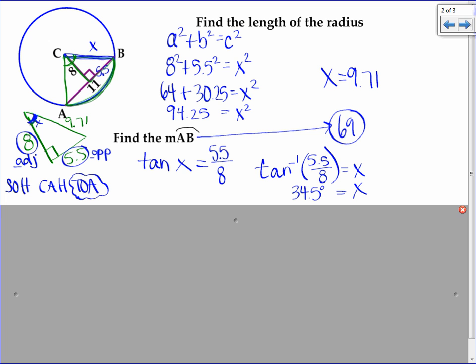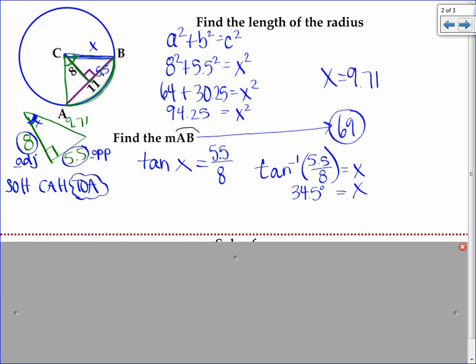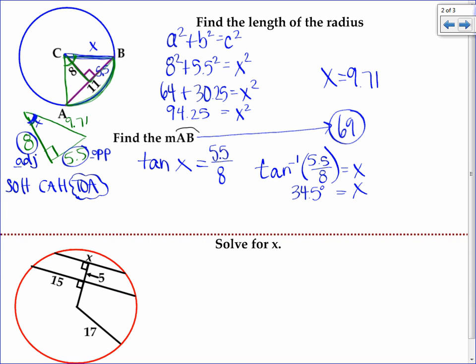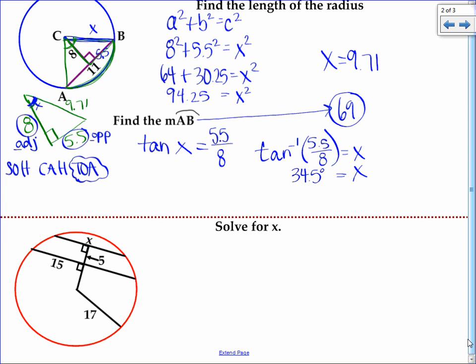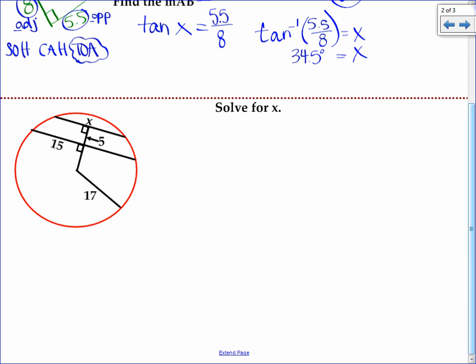Okay, let's look at this one. We want to find that chord. That's where our X is. They told us the radius is 17. Now, the nice thing about a circle is you can swing that radius wherever you want to.